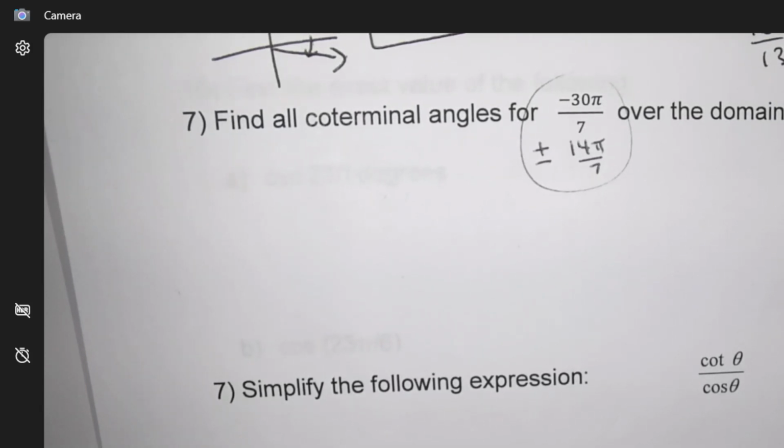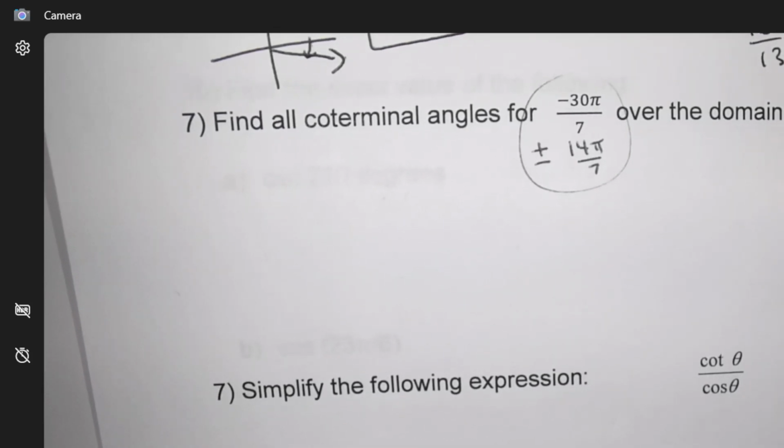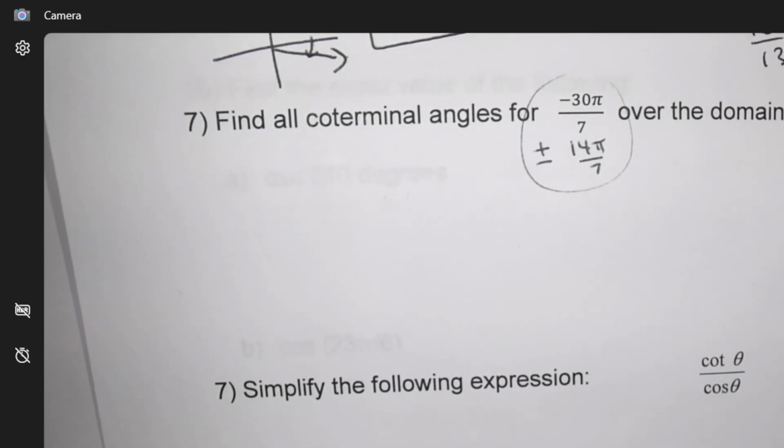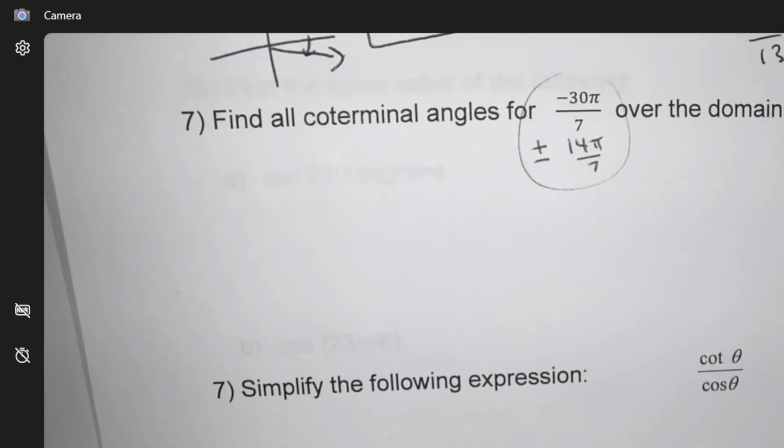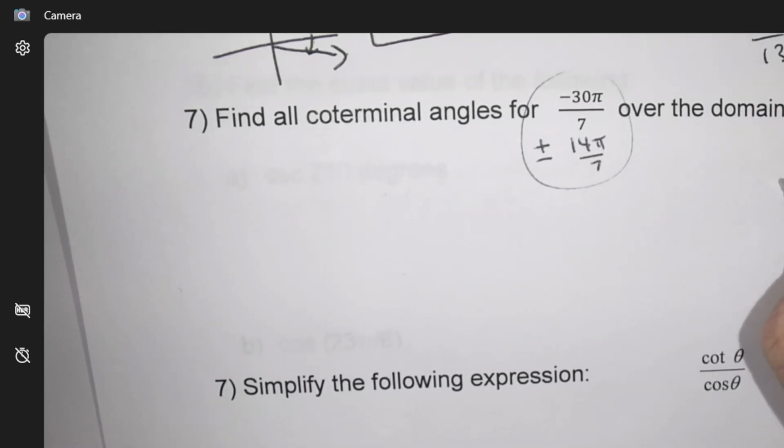Okay, what's the highest we can go? 2 pi. So the highest we can do is 14 over 7. And what's the lowest we can go? Negative 21 pi over 7.